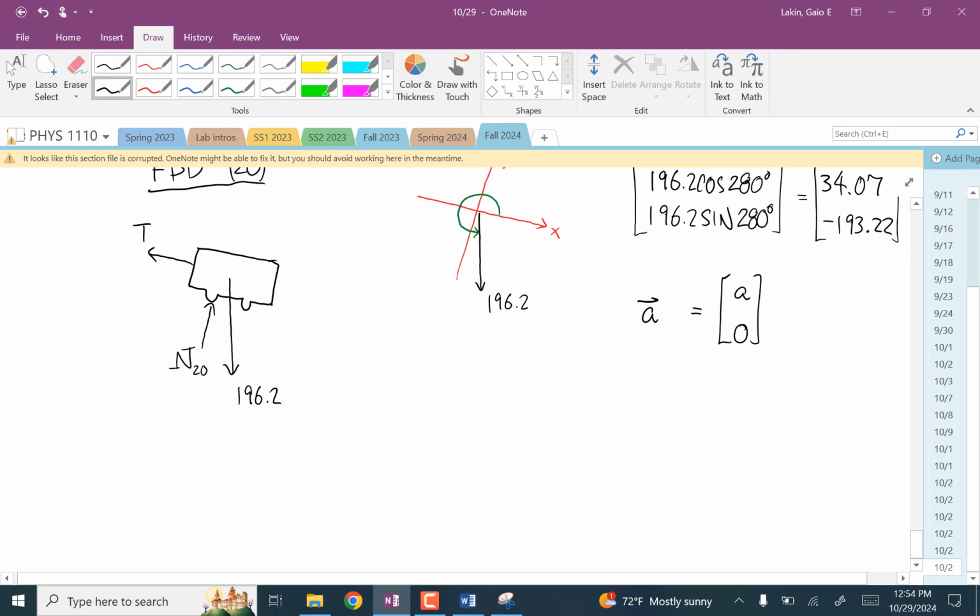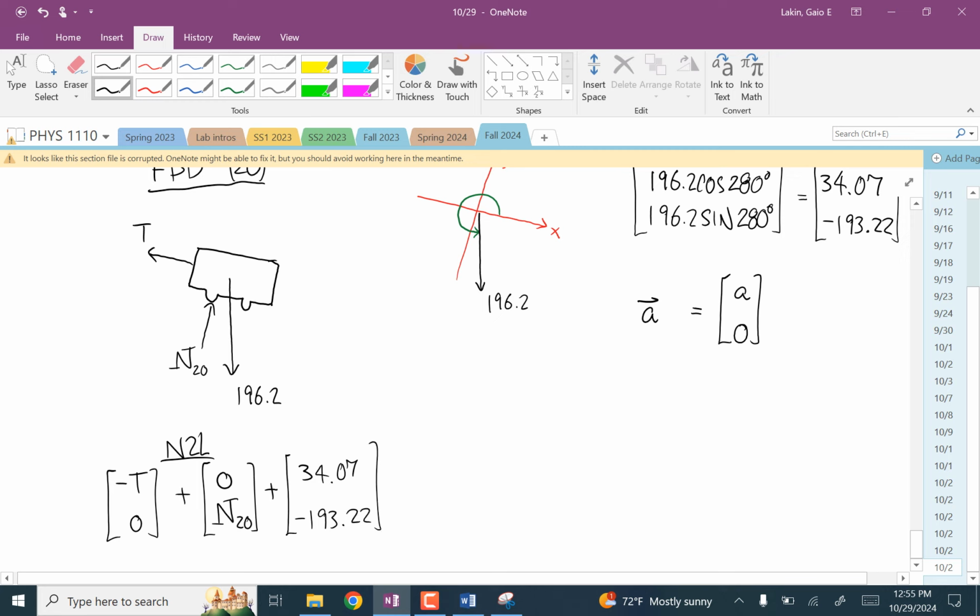So now Newton's second law says negative T, 0, plus 0, N20, plus 34.07, negative 193.22 is equal to the mass, 20, times the acceleration, a, 0.